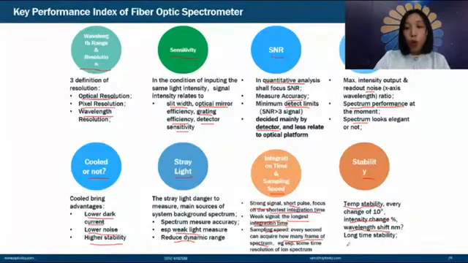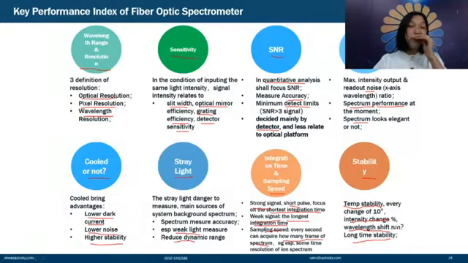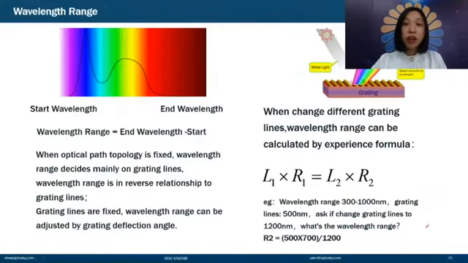And we have long-term stability. All these 8 factors can affect the spectrometer's performance. However, there are also some integrated algorithms, and so on. We cannot introduce all here. So next lecture is a detailed introduction of the wavelength range.